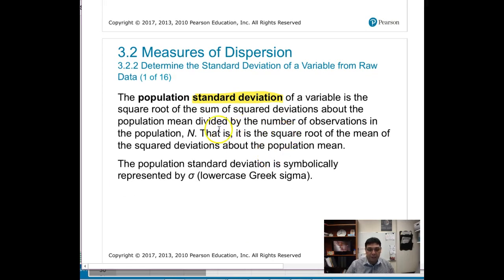Specifically, it's looking at how far from average, on average, each of the data values is from the average of the data set. So you can imagine what that is. You go through the lesson to go through that. But again, a population means that you've collected the data from everyone in the population.